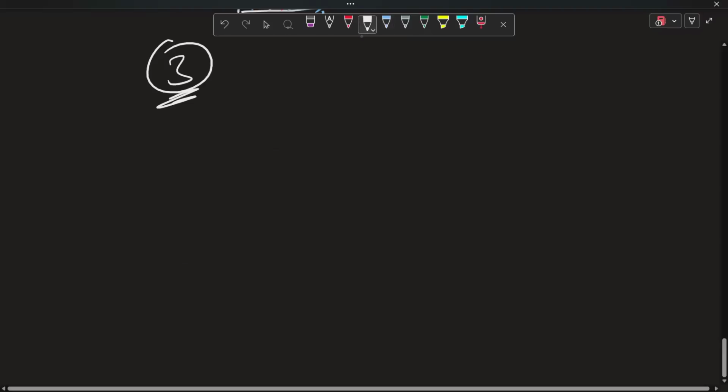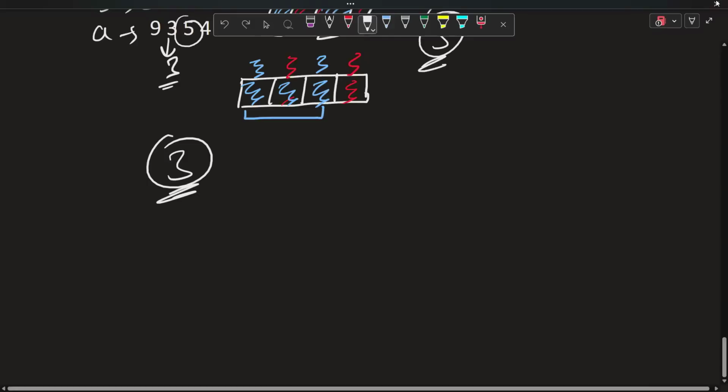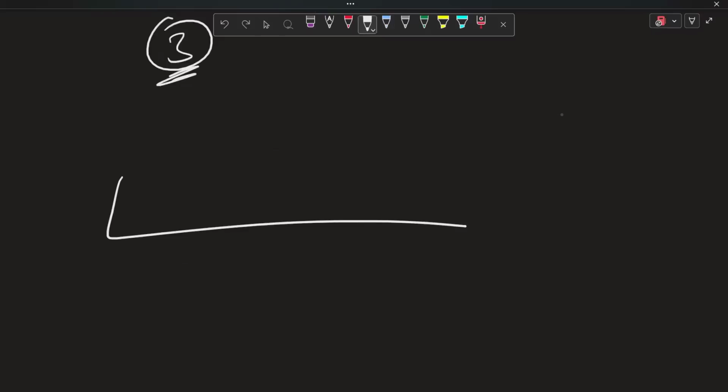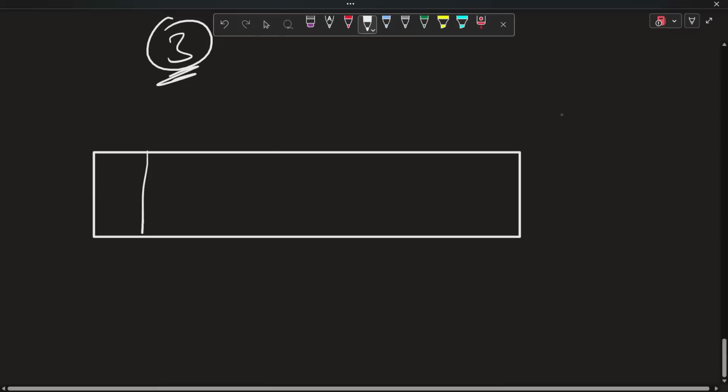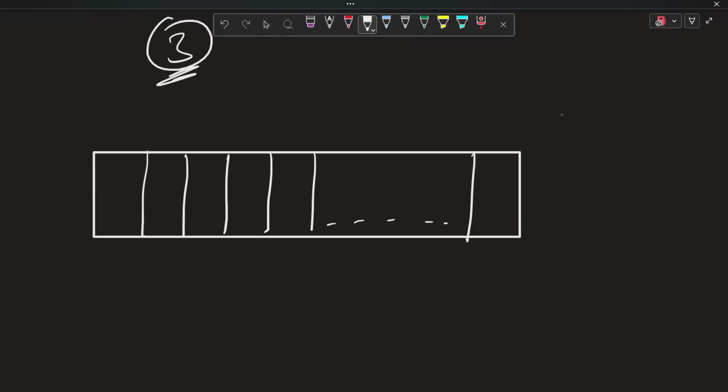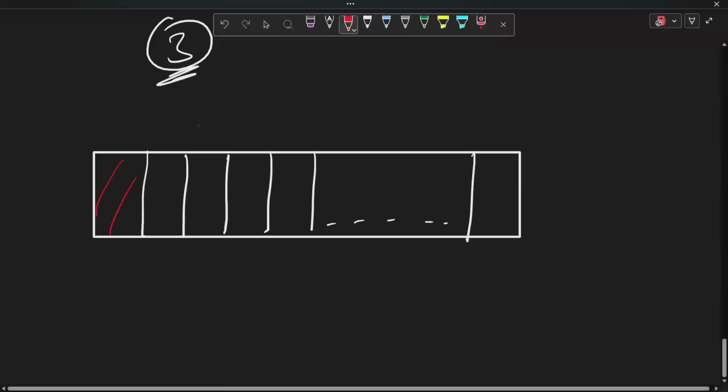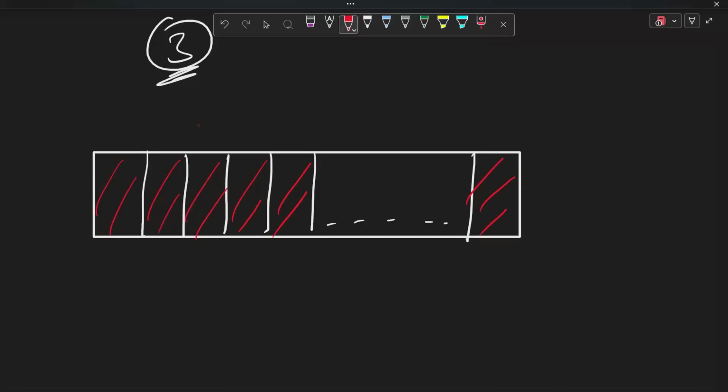Initially, what you have is a strip with n cells, all of which are painted red. Initially it is like this.